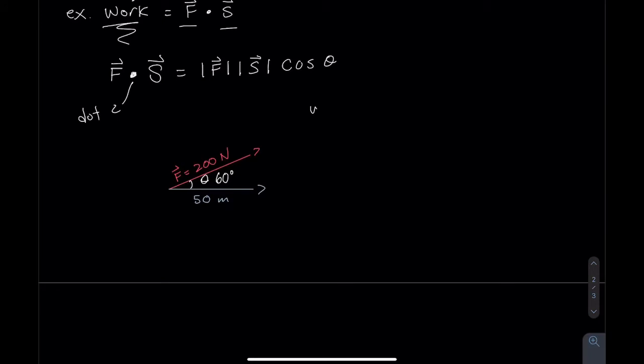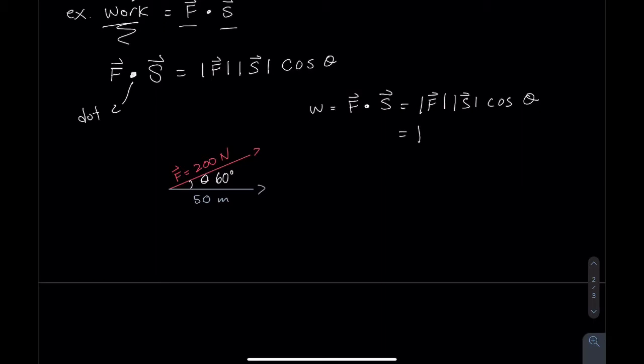So recall that work, a scalar quantity, is going to equal force times displacement, which is equal to the magnitude of force times the magnitude of displacement times cosine of angle theta. So let's fill in what we know.